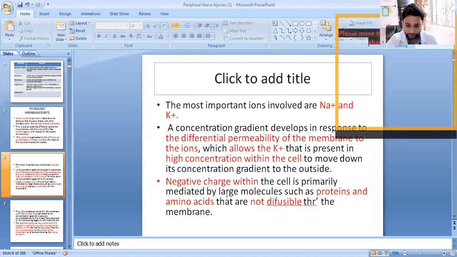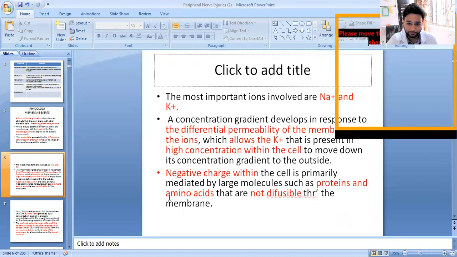Negative charge within the cell is primarily mediated by large molecules such as proteins and amino acids that are not diffusible through the membrane.